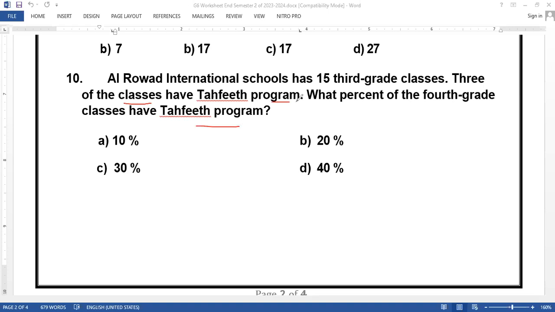Now we have Tahfiz classes, they are 3. 3 out of what? 15. So we want to know what percent, which means how many out of 100, because this is out of 15, but I want out of 100.